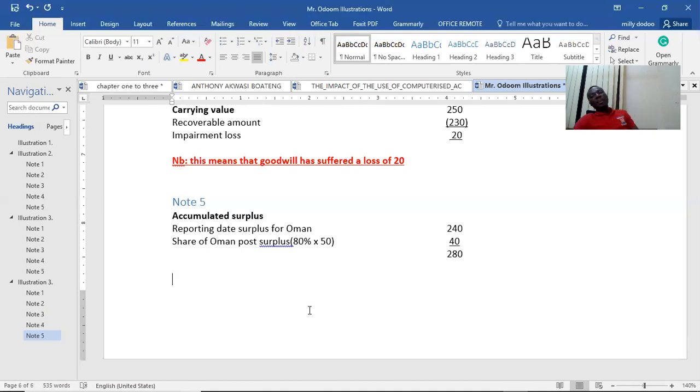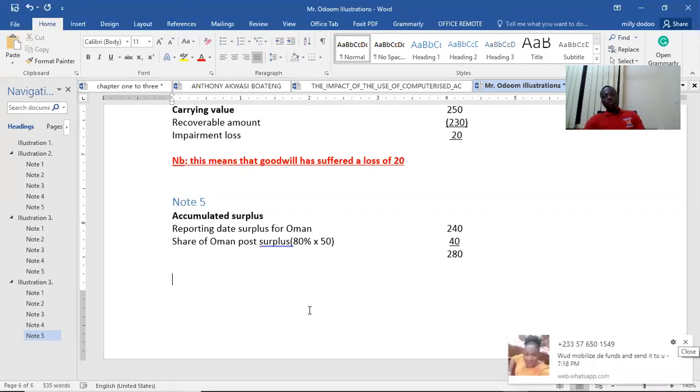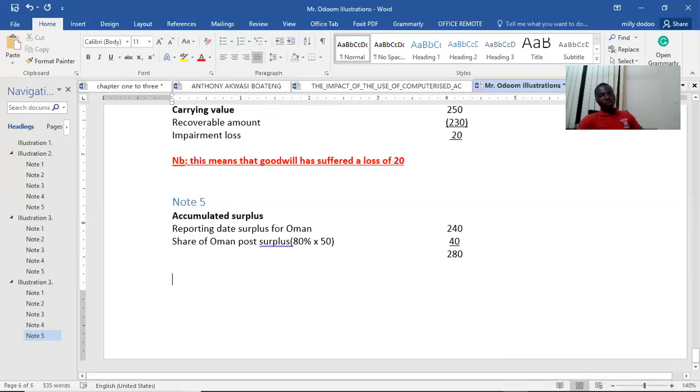Anytime there is an impairment or we are writing off goodwill from the books, you shouldn't lose the hindsight that it will be affecting this surplus over here. It will be subtracted from the surplus. If this is a T account you are opening, this 240 and the 40 will be on the credit side, and any goodwill that is being written off or any impairment will be debited to the account. If there is any unrealized profit, it will be debited to the account.